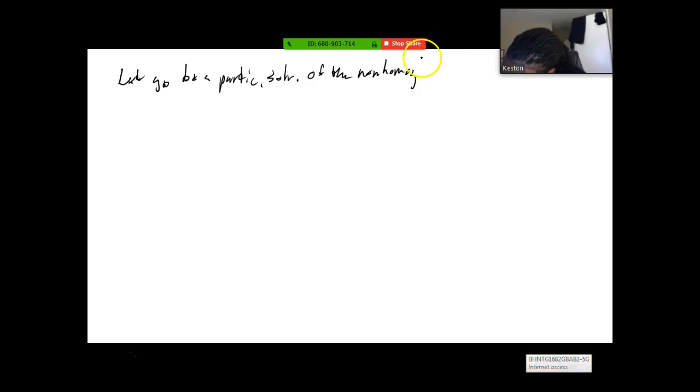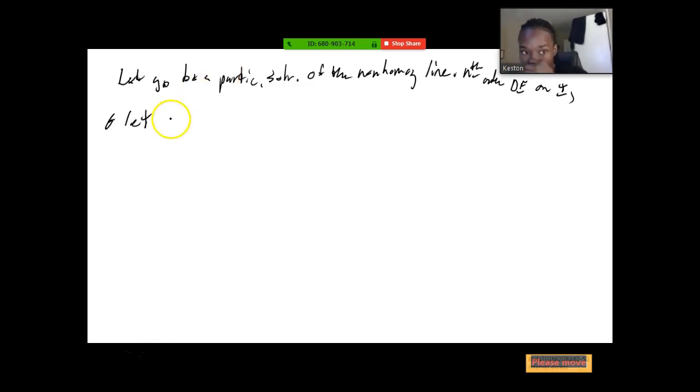Okay, so what they say here is let y sub p be a particular solution of the non-homogeneous linear nth order differential equation on an interval I. And let, before they put these up front, now they're putting them behind, y sub 1, y sub 2, y sub 3, ... Now they're using y sub n.